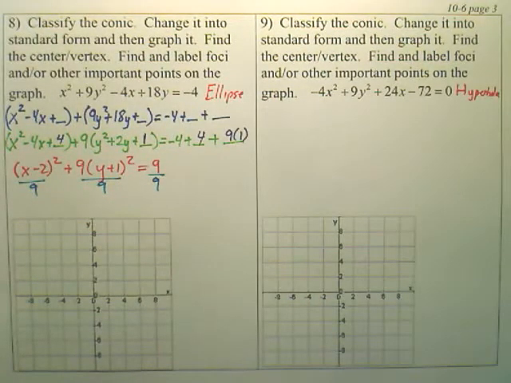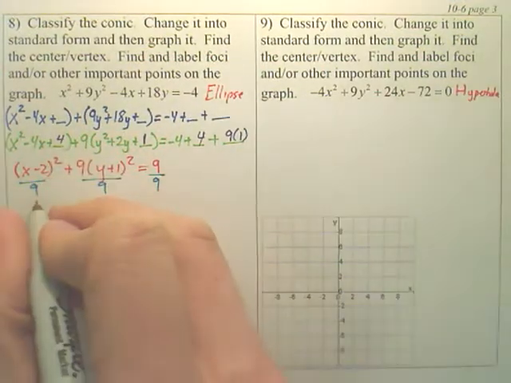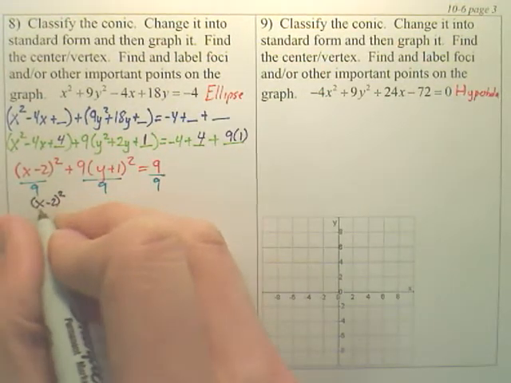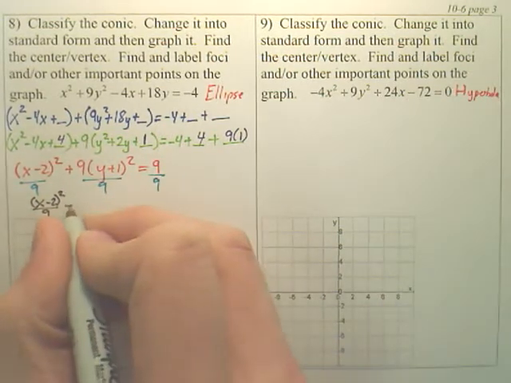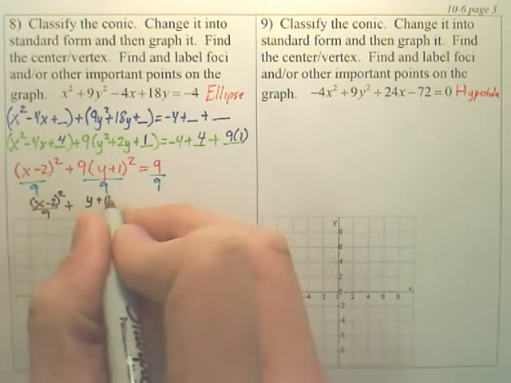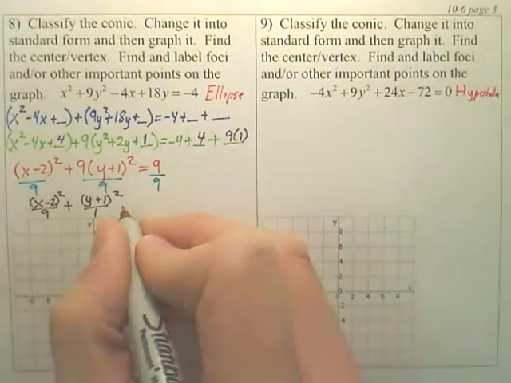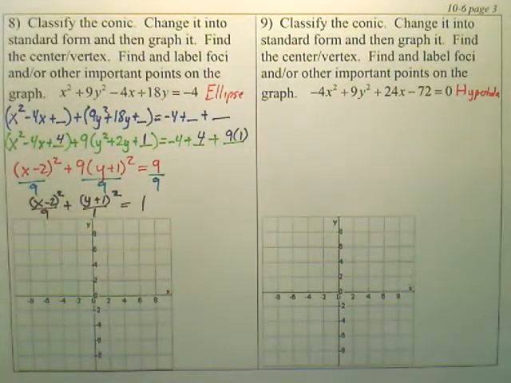And when we do that, our equation looks like x minus 2 squared over 9 plus y plus 1 squared over 1. I don't need to put it, but I'll put over 1. It just helps out. That's our standard form.